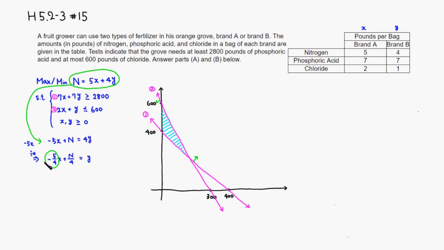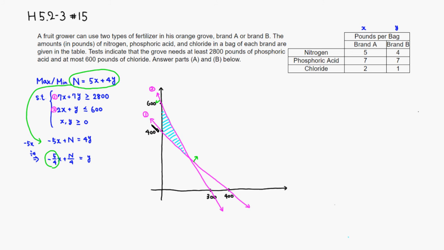Boundary line number 1 has a slope of negative 1, so the objective line is steeper than that. Boundary line number 2 goes to 300 and down 600, which means the slope is negative 2, so it's not quite as steep.